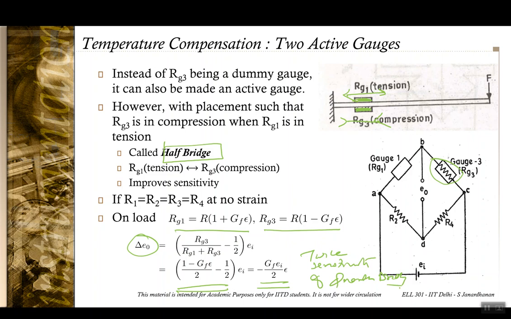So by using RG3 now, you have first of all provided some temperature compensation, and on top of that, you also improve the sensitivity by making this an active gauge.